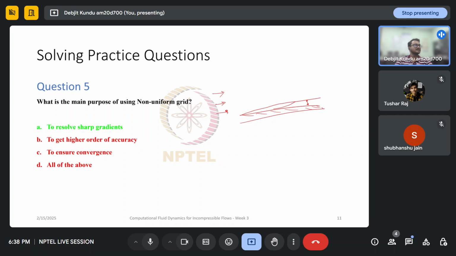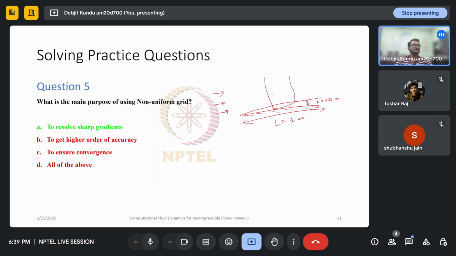Let's say this length is in meters, and this boundary layer thickness could be in millimeters. So 0.001 meter maybe. Within this short distance, your velocity literally goes from 0 to 99% of whatever the maximum is. And it remains the same for most other parts.